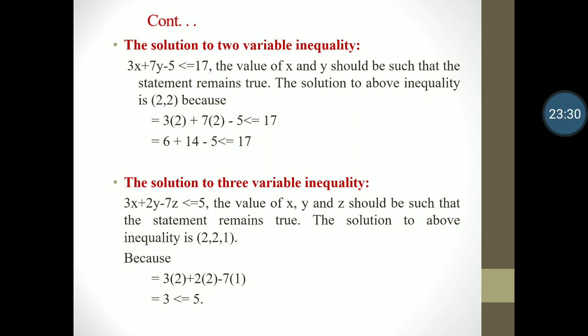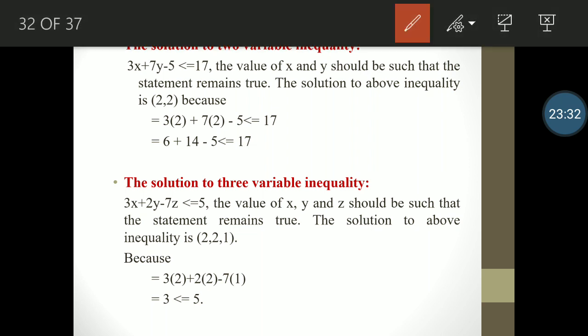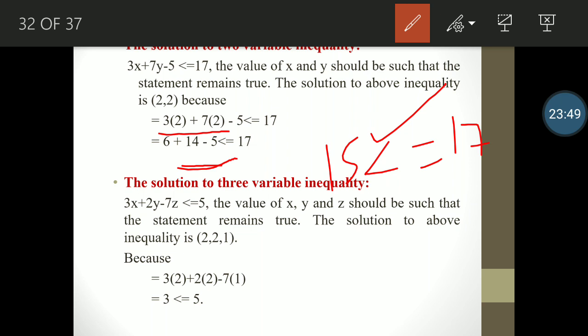So 3 into 2 plus 7 into 2 minus 5 is 6 plus 14 minus 5. 6 plus 14 is 20, minus 5 is 15. 15 less than or equal to 17, which is true. So this is a solution of a linear inequality.